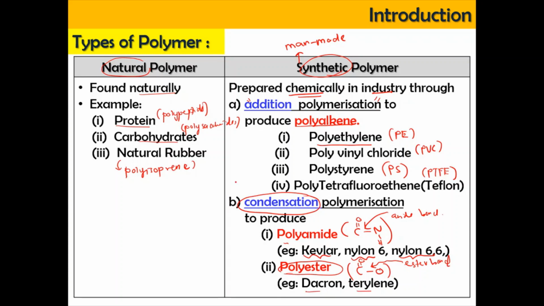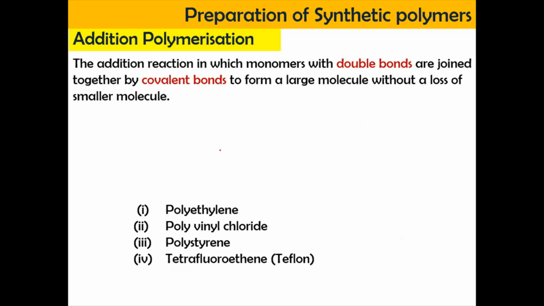So now we're going to focus on the addition polymerization first, and we're going to look into the preparation of 1, 2, 3, and 4 here. Okay, so for the addition polymerization, it's basically an addition reaction in which monomers with double bonds are joined together by the covalent bond in order to form a large molecule without a loss of a small molecule. Okay, so syarat dia mesti ada double bond and it's not gonna remove any small molecule.